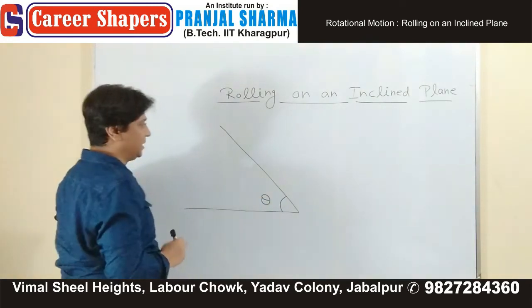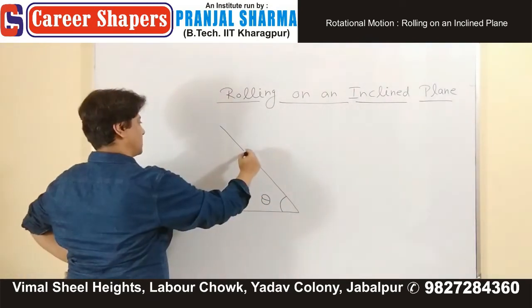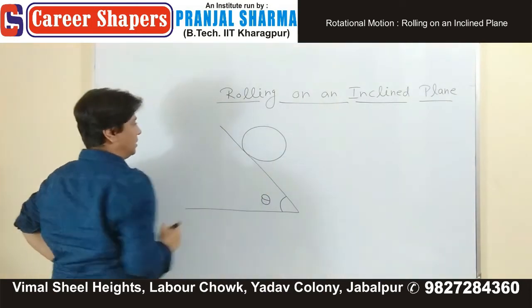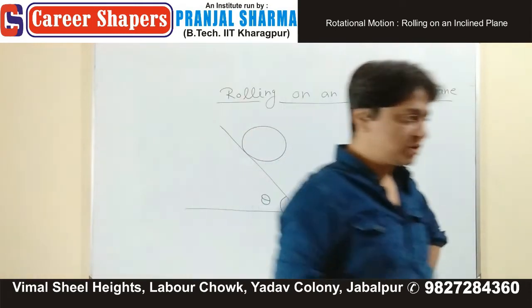This angle is theta, and this is an object which can roll.